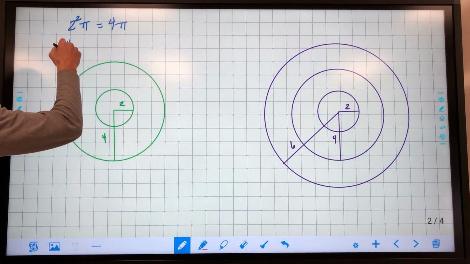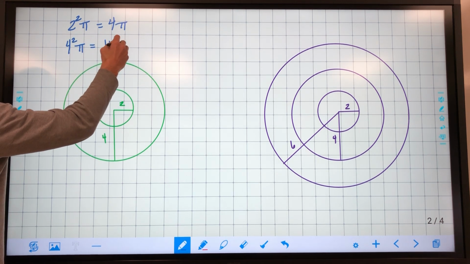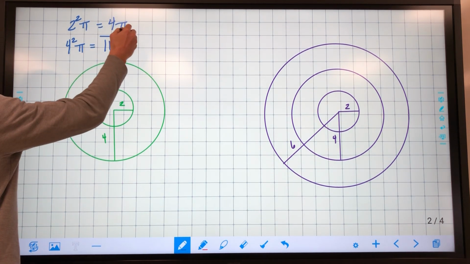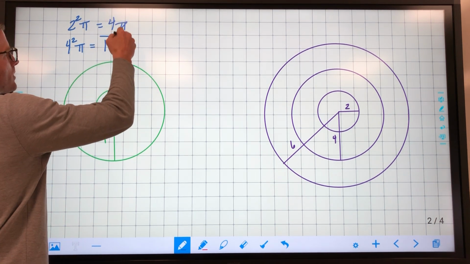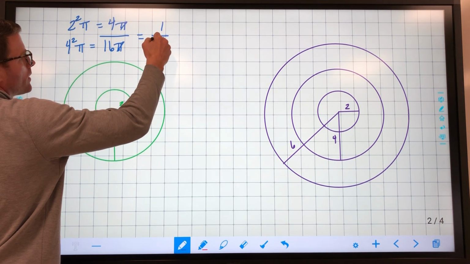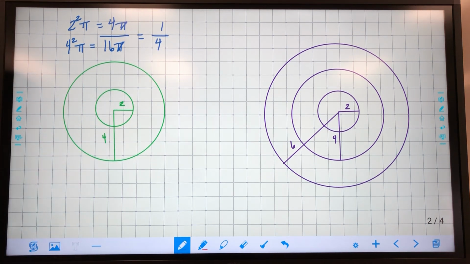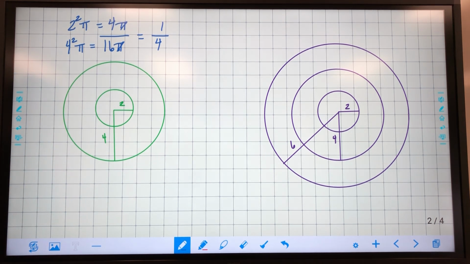So it's going to be 4 squared pi, which is 16 pi. So I simply put this in a fraction, 4 pi over 16 pi, and I simplify. My pi's cancel out, and 4 over 16 is equal to 1 over 4. So I have a 1 in 4 chance, or a 25% chance, of hitting the bullseye here.